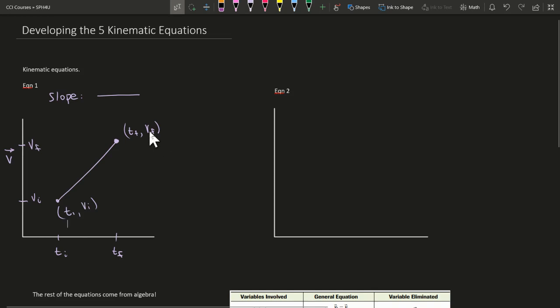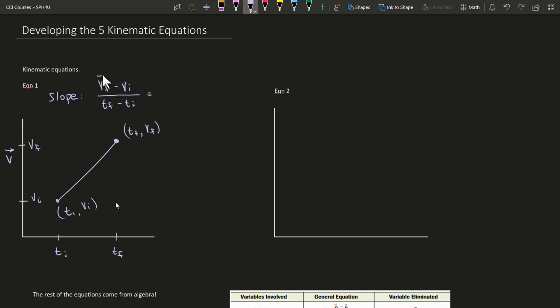If I take the slope of this, it's final velocity minus initial velocity, or change in y, which is this distance, or the change in velocity, over the change in time. And so I'm going to go with velocity final minus velocity initial over time final minus time initial.